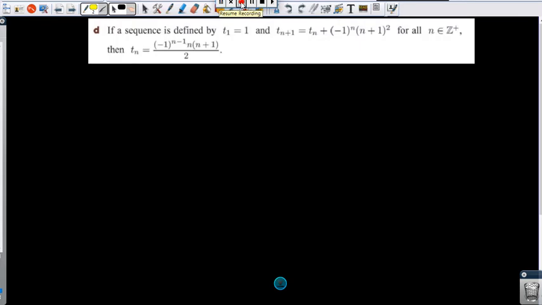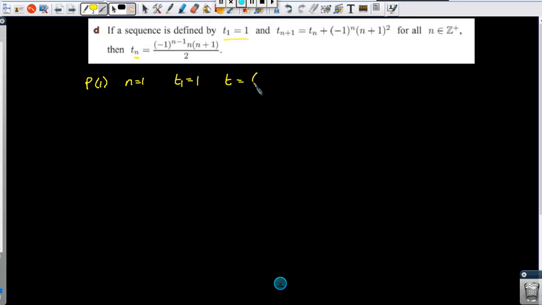Right, so here we go. And nothing new, we do the same thing. We start by proving the first term. So we want to prove P1 when n equals 1. So we've got T1 equals 1, and then we're going to pop 1 into this one.